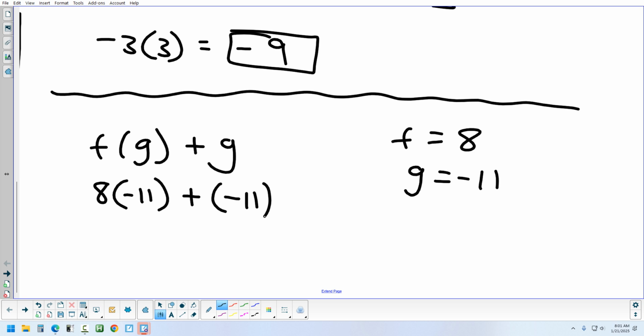Do your multiplication first. What's 8 times negative 11? Negative 88. Yep, negative 88 plus negative 11. If it confuses you because it's plus a negative number, that's the same thing as subtracting. What's negative 88 take away 11?